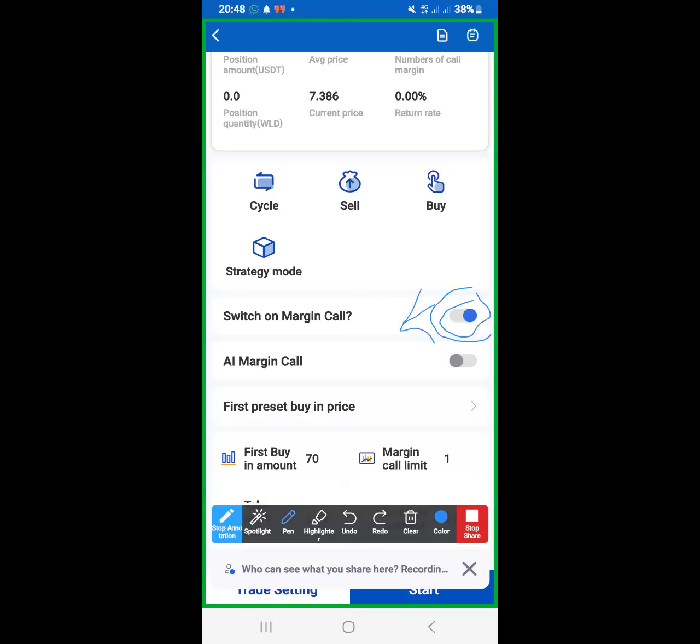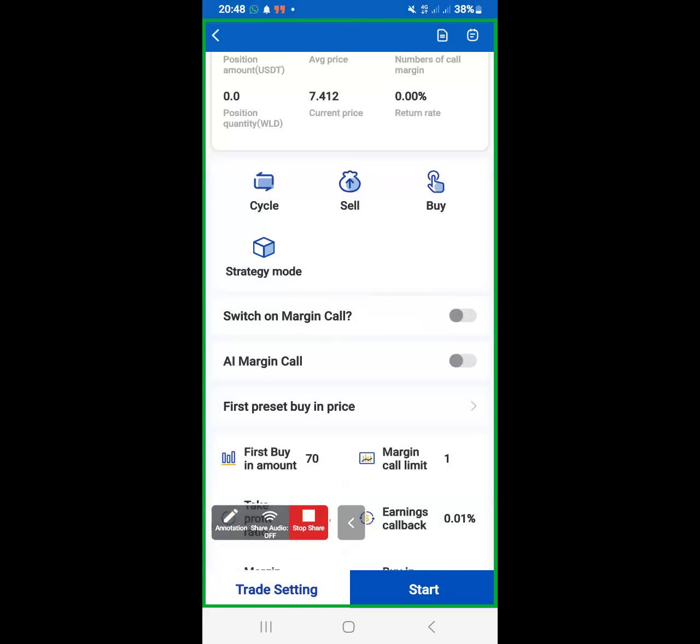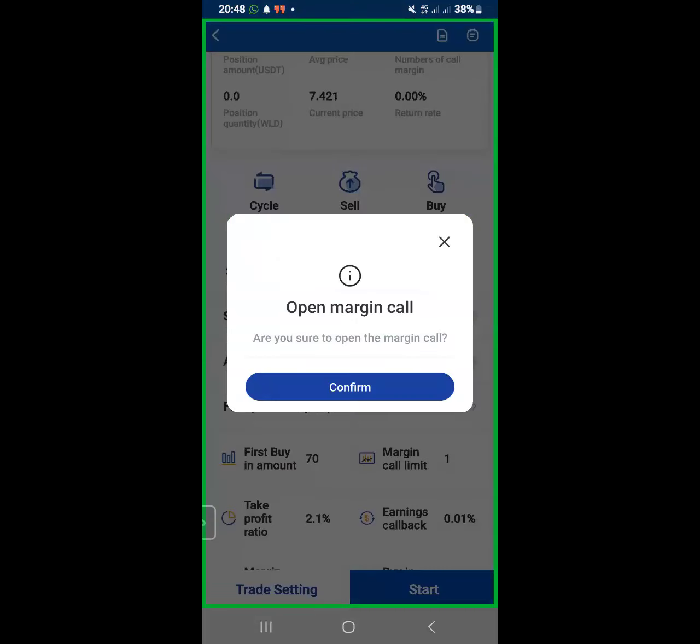So be checking on this. If you see your robot is not buying, come and check to see if it is enabled or disabled. It must be like this, not like that. When it is like this, that means it is disabled. It has to be open.